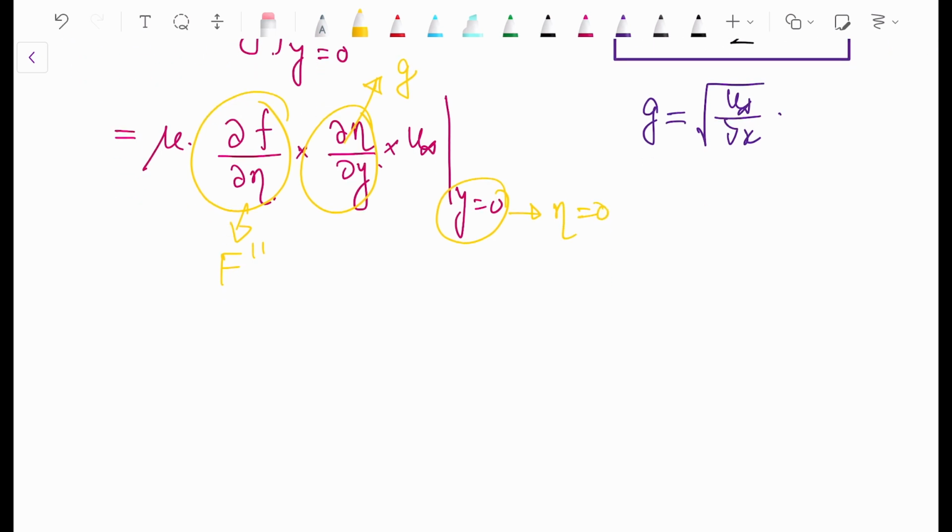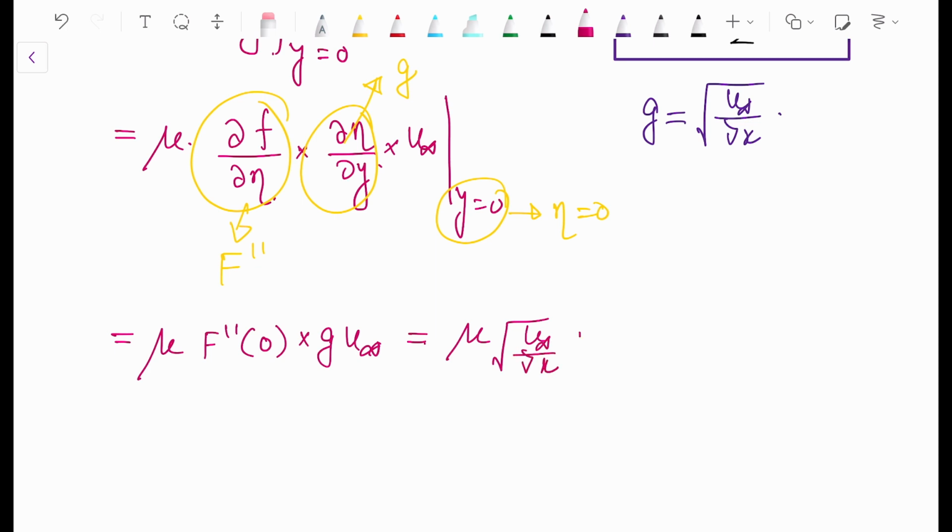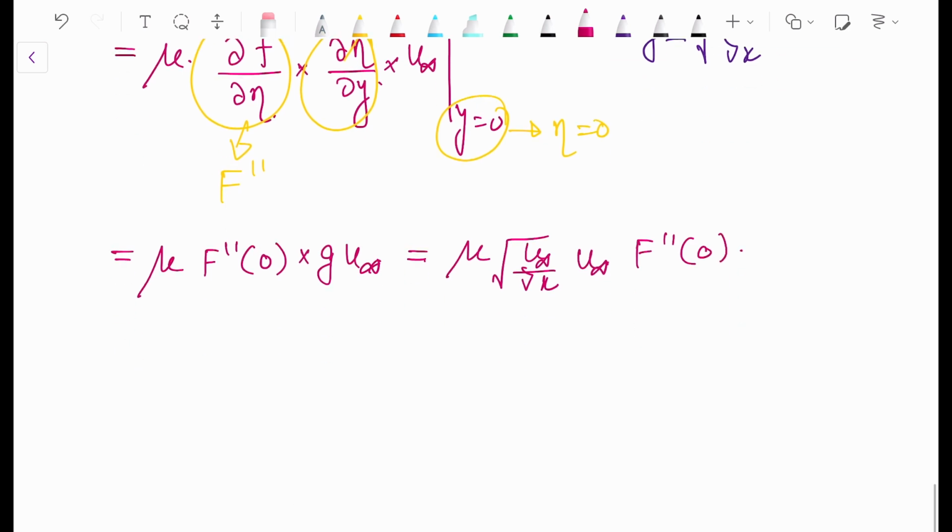So this expression will boil down to mu into capital F double dash of 0 into g into u infinity, right. Now g is root over of u infinity by nu x into u infinity f double dash of 0, right. So I can do some manipulations here, so let us do that.